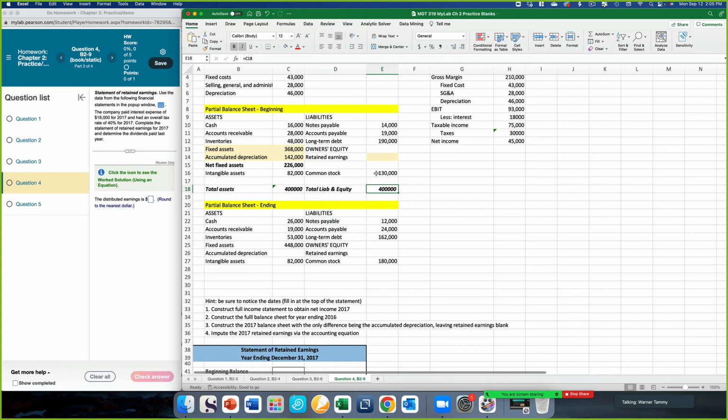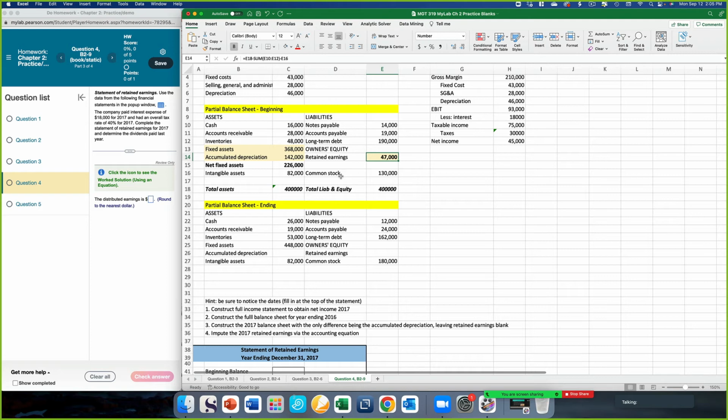Okay, so it's the remainder. So let's state it as that 400,000 minus the sum of the liabilities minus the common stock value, 47,000. Okay, so that's our beginning retained earnings.